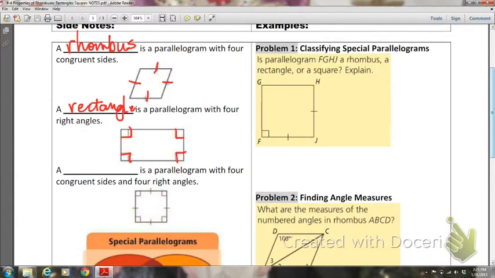And finally, the definition for a square. A square is a parallelogram with four congruent sides and four right angles. So that's the markings on the diagram, the four right angles and the four congruent sides.